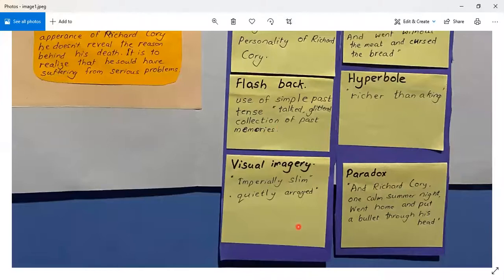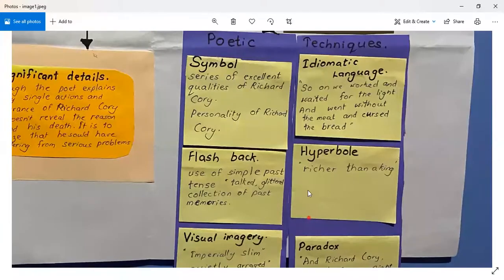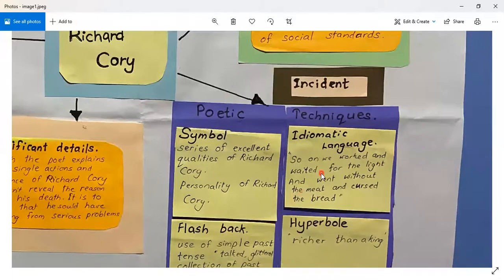Then the next one, I have taken idiomatic language. The very interesting part I have mentioned here: so on we worked and waited for the light, and went without the meat and cursed the bread.